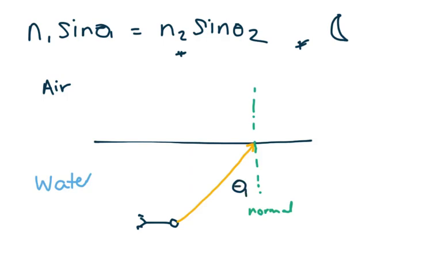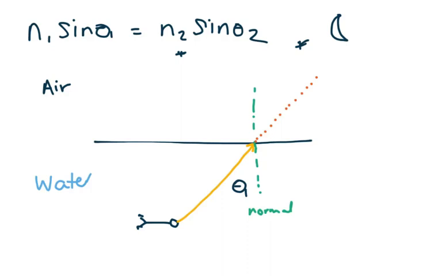If you look at this, which way is the refracted ray going to leave the water and go into the air? If it was going between water and water, it would continue straight, correct? You would assume that it would go straight out.